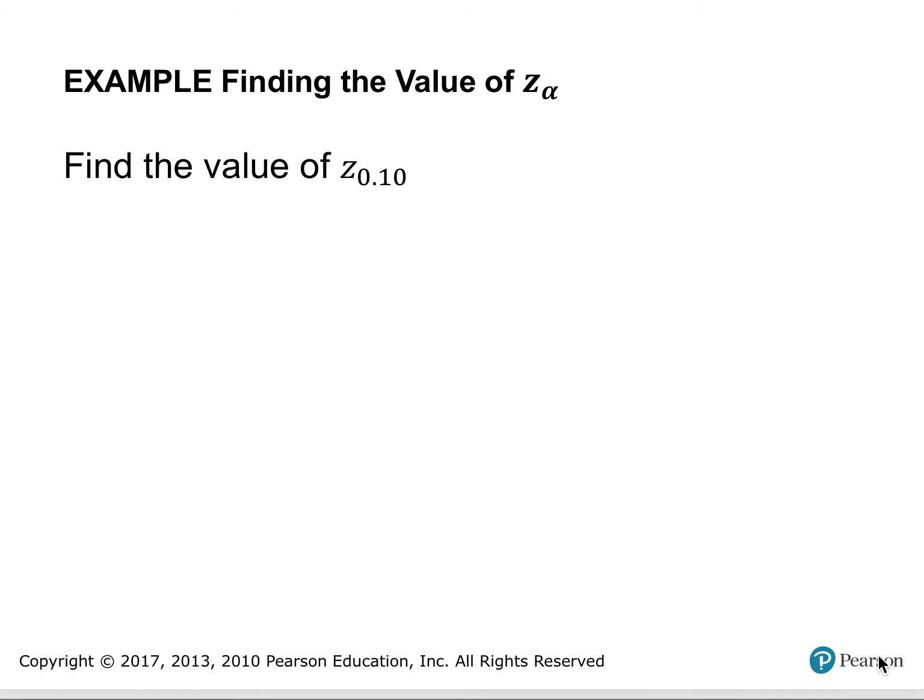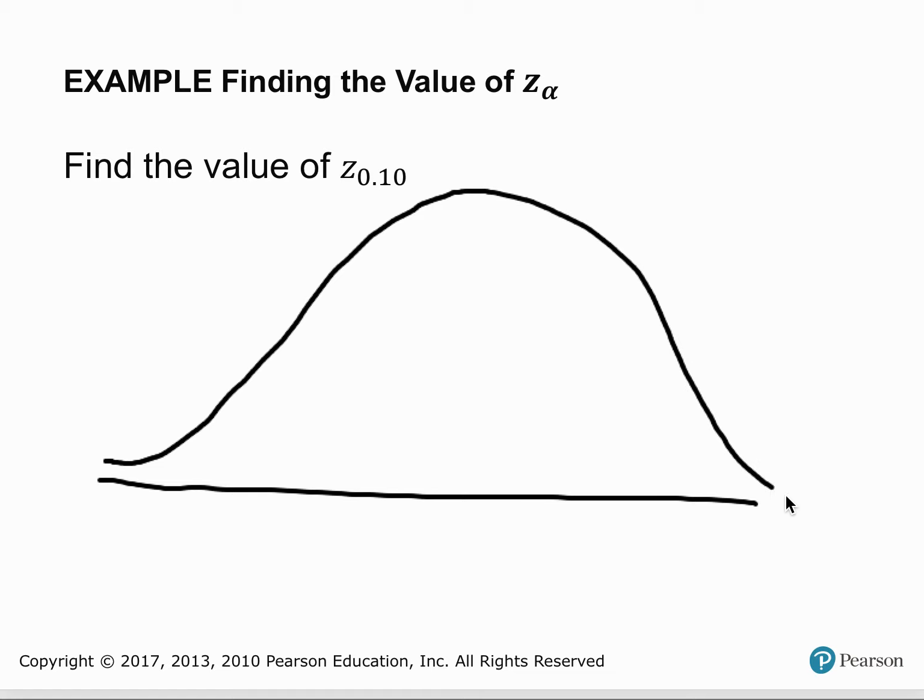Okay, so it says find the value of z sub 0.1. It's the area to the right. So once again, I look on the table, and let's draw it again just to get an idea. This drawing is really going to help you.